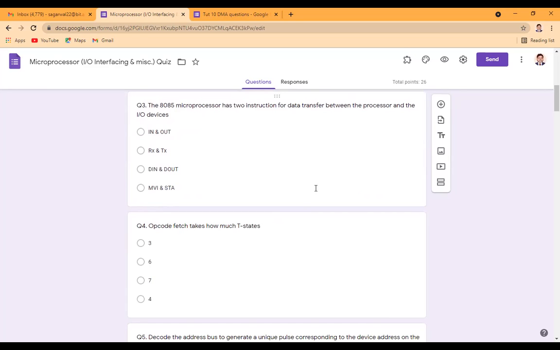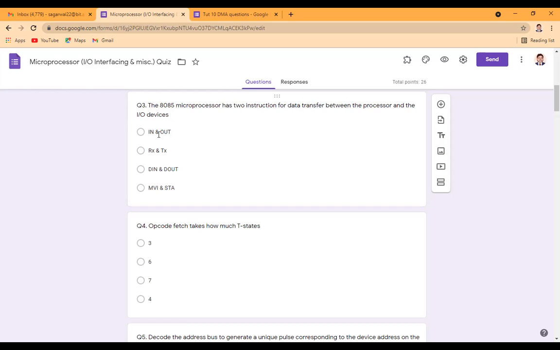The 8085 microprocessor has two kinds of instructions for data transfer between the processor and the input-output device. Of course, we use certain data transfer instructions while working with the input-output device and the processor. So naturally, there are two instructions, IN and OUT, which are used for transferring data between the processor and the input-output device.